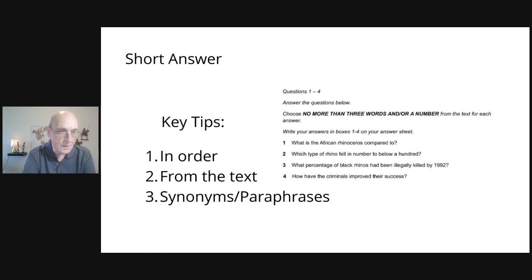And as usual, in the reading section, we do want to be aware of synonyms and paraphrases, because the key clues in the questions may be different words in the passage, but the answers that you choose will be directly from the passage. So we always want to be aware of synonyms and paraphrases when we're looking at questions from the reading section.